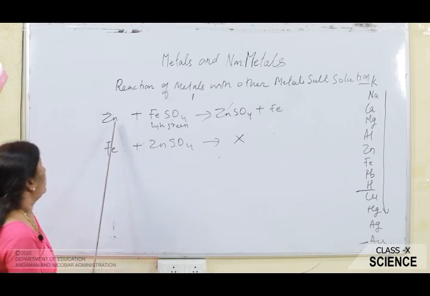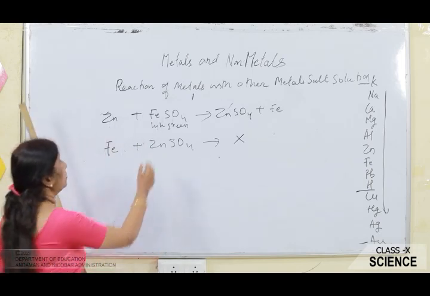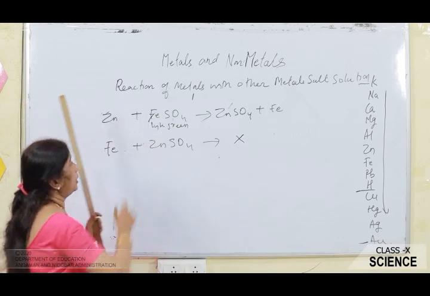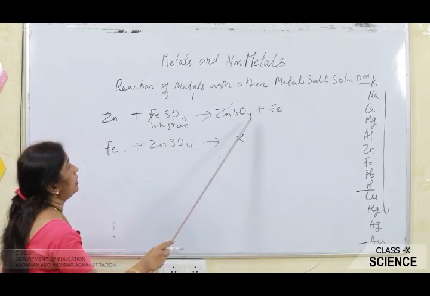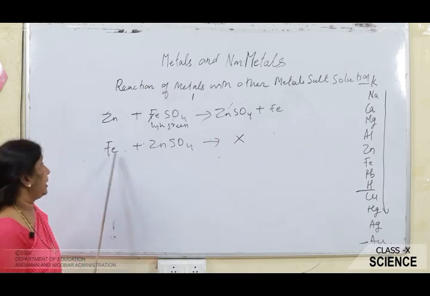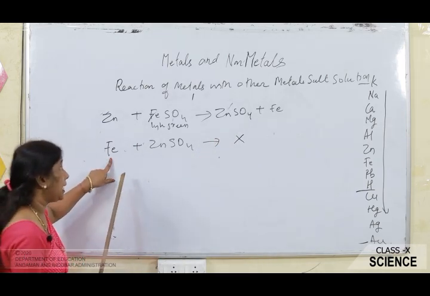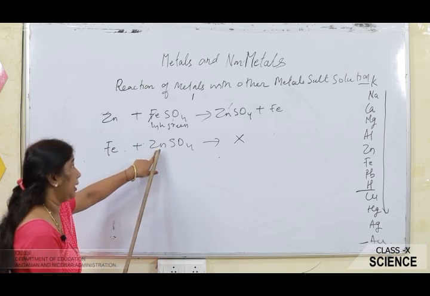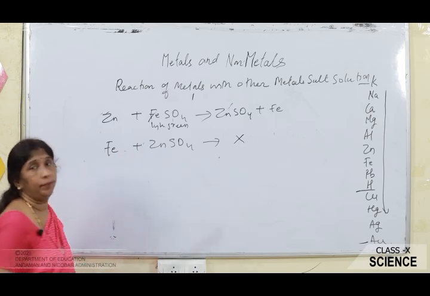That is why zinc has displaced iron from its sulphate solution, the iron is separated, and the new salt formed is zinc sulphate. But in this case, iron is less reactive than zinc, so there is no reaction.